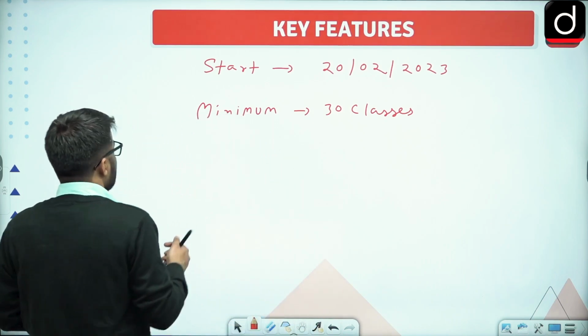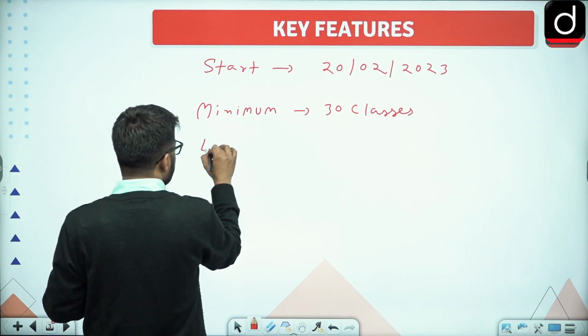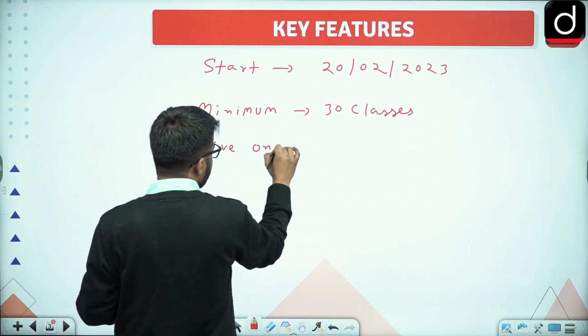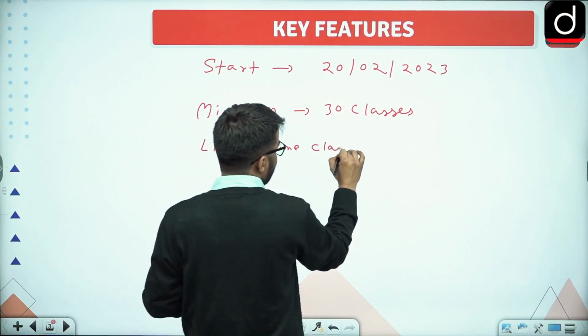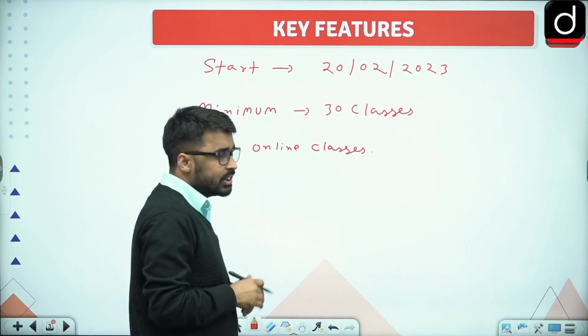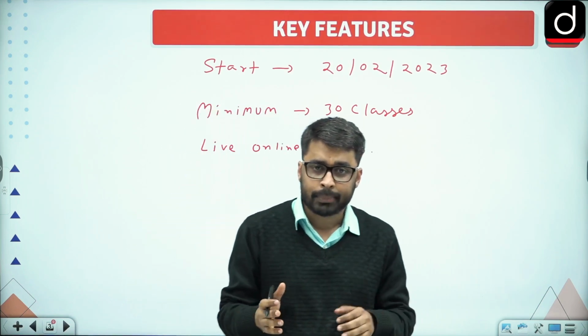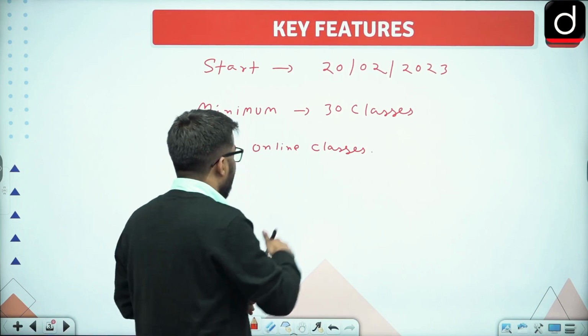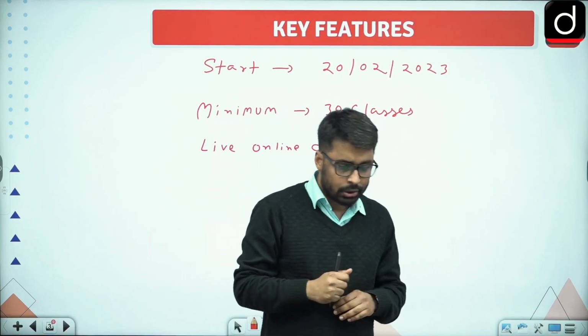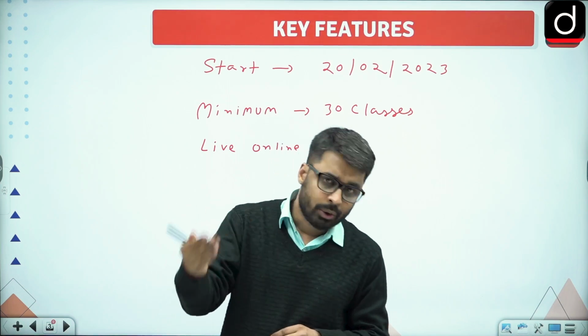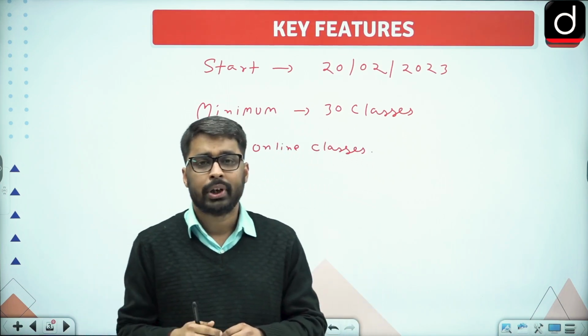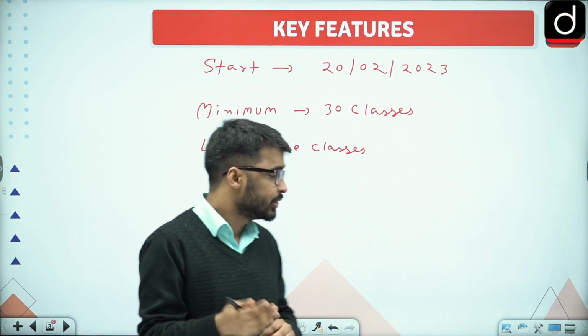All the classes are going to be live online classes. You can see these classes on the Drishti Learning App, and as your classes get over, the recordings of the class are going to be uploaded in your account on the Drishti Learning App.